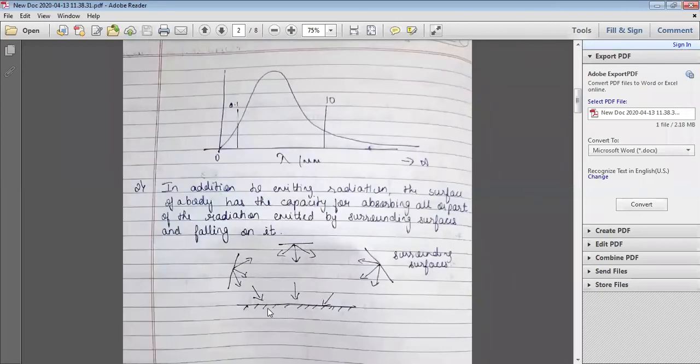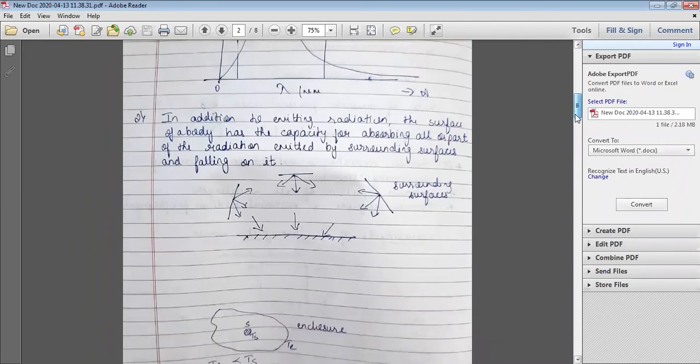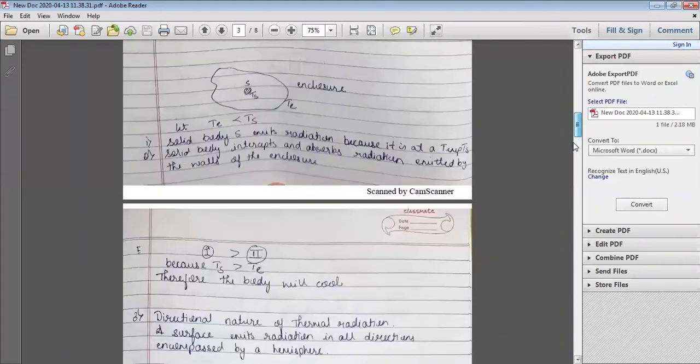If I call this surface a black surface, it will be absorbing all the radiation which falls on this surface regardless of the wavelength and the direction of the waves.